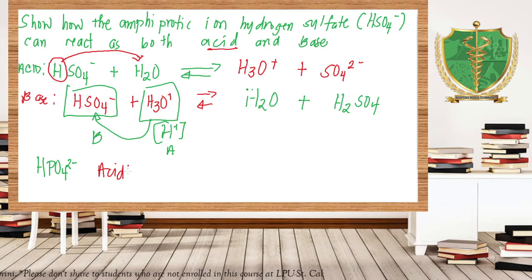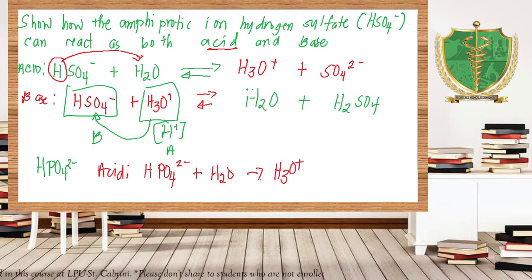As an acid, so we have here HPO4 2 negative plus water will give us hydronium ion plus phosphate ion. This will become 3 negative.